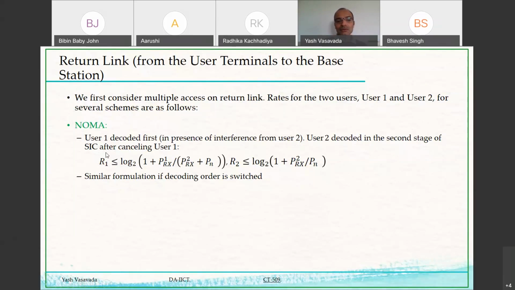And therefore, the total data transmission rate in a normalized sense, user 1 transmitter will make sure that it does not exceed this limit. Here we are going to just say that the turbo coding or LDPC coding is ideal and it can deliver exactly this channel capacity rate. So we are just going to assume that user 1 will be transmitting at R1, which is equal to this log base 2 of this quantity.